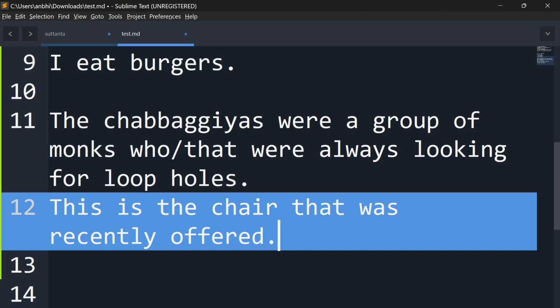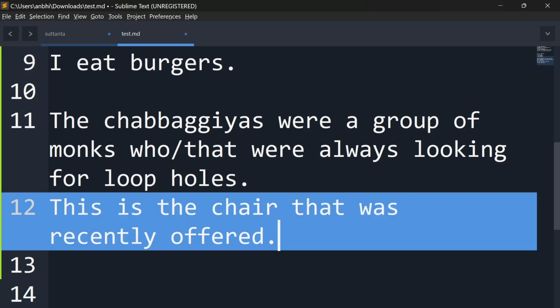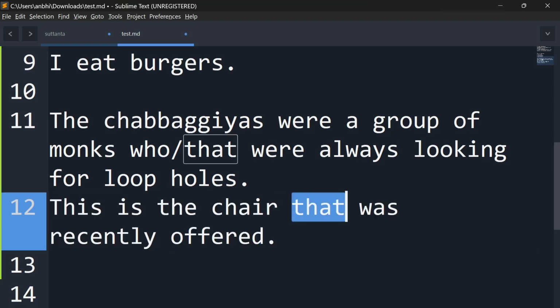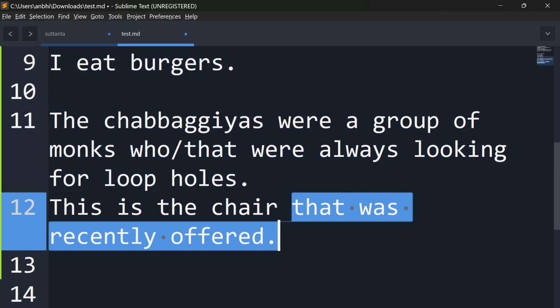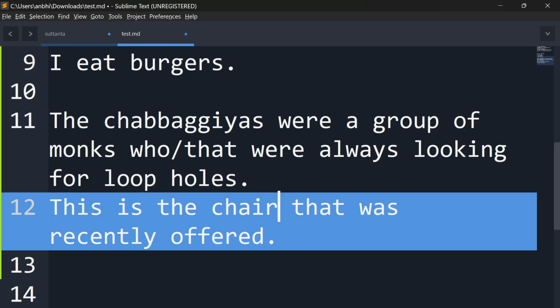Passive, was offered. You see the verb to be and the participle. This is the chair is the first clause. Now I want to talk about this chair that was recently offered. Another clause, a relative clause. I could say that, or I could say the other option, which.